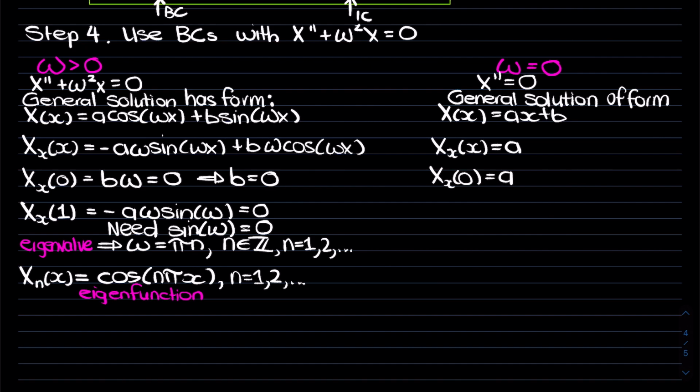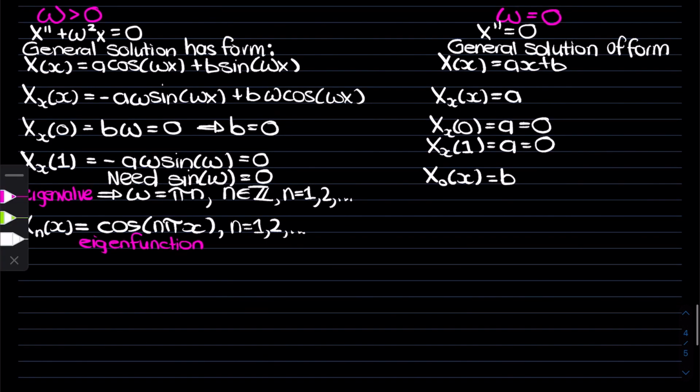We still just get a because we don't have x in there, and that has to equal 0. If we put in the second boundary condition, X prime of 1, we still just get a, which equals 0. So we're actually left with an X_0 of x equaling b, where b is just some constant.